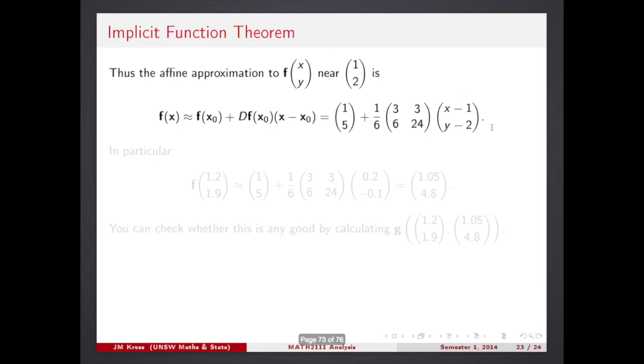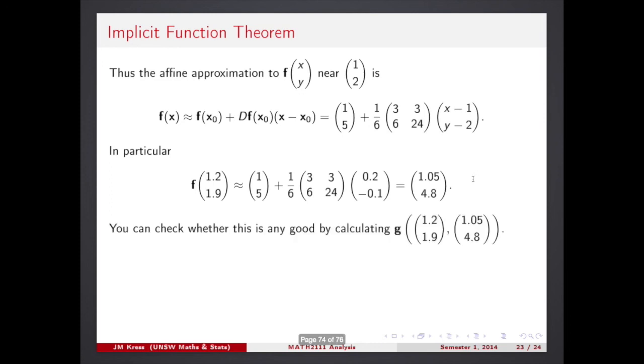If you want to find the approximate value at a nearby point, 1.2, 1.9, that's the approximate value you can come up with using this affine approximation. You can check whether this is any good by calculating g.